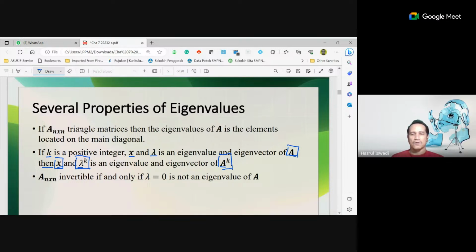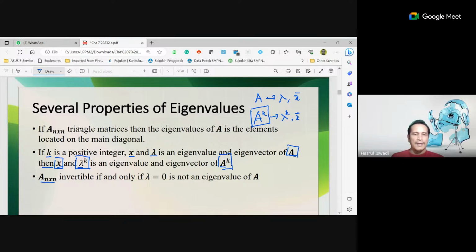So A has eigenvalue lambda and eigenvector x, and A to the power of k has eigenvalue lambda to the power of k, and the eigenvector is still x.